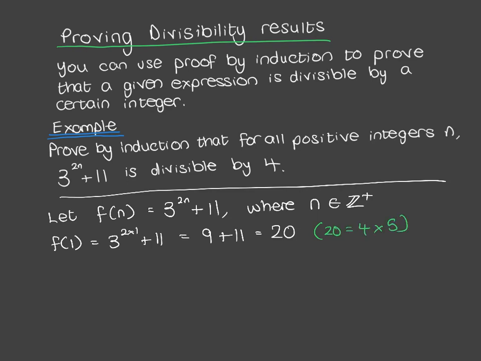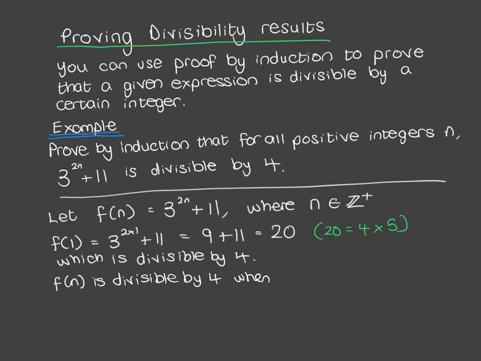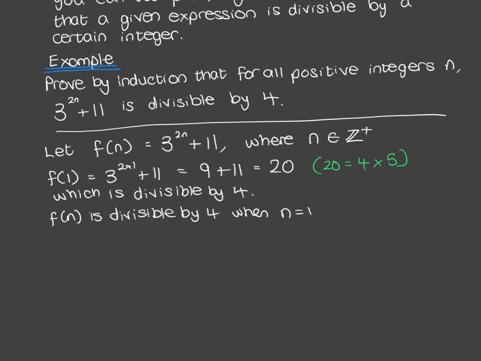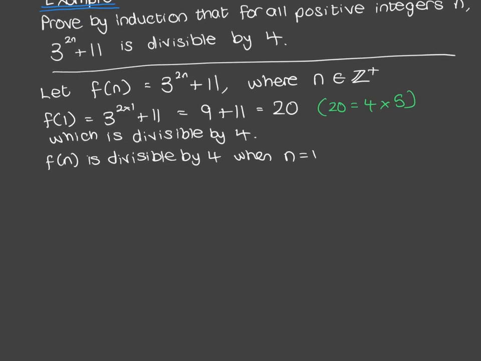So clearly this is divisible by 4. So we can say this function of n is divisible by 4 when n equals 1. So we're proving it's true when n equals 1.